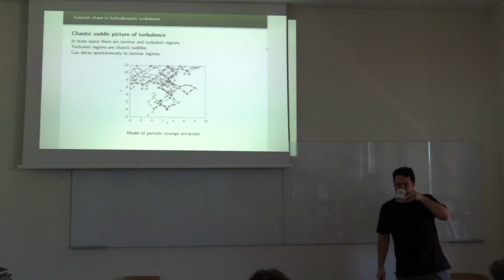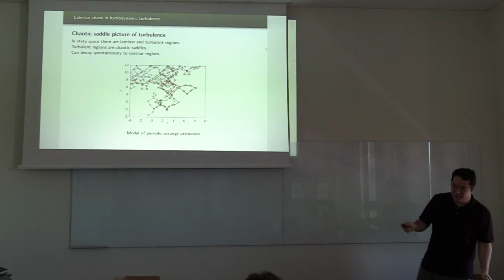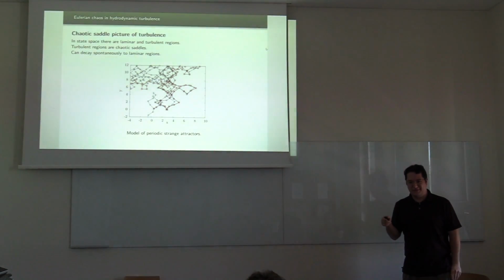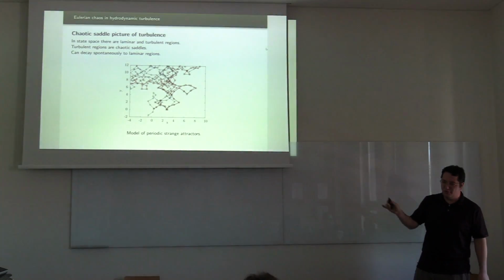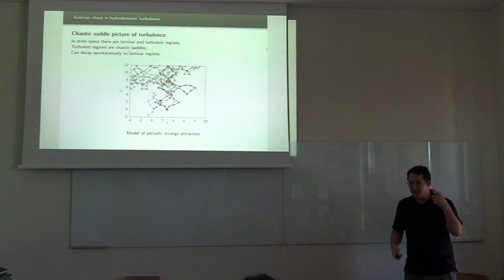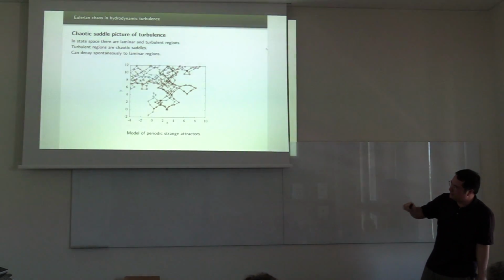The relaminarization happens with a super-exponential lifetime dependent on the Reynolds number. Okay, so it's like a nuclear decay, but not a Poisson process. Well, it is Poisson. It has no memory, but it's super-exponentially dependent on the Reynolds number.